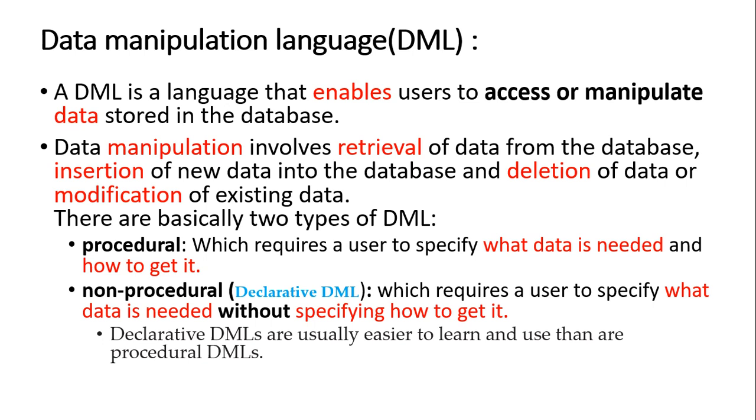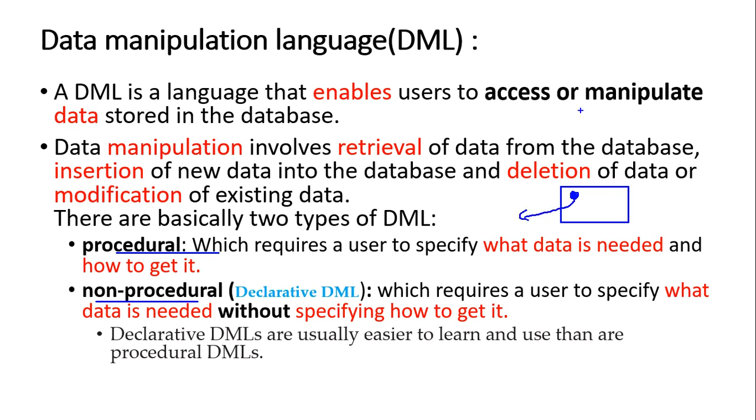Okay, there are two types of data manipulation languages. One is called procedural, the other one is called non-procedural. So what is procedural and what is non-procedural? Procedural means you have to tell the database what data you are interested in and how to fetch that data.